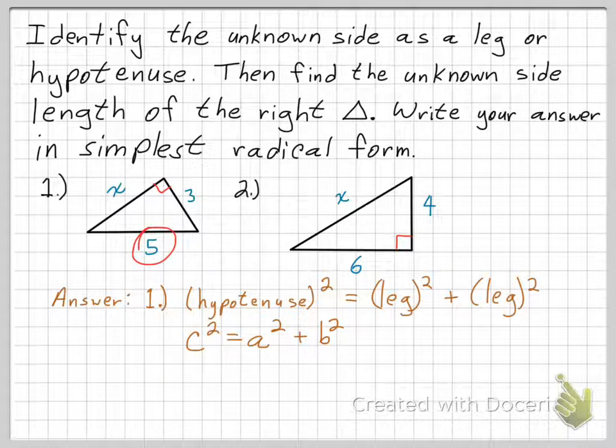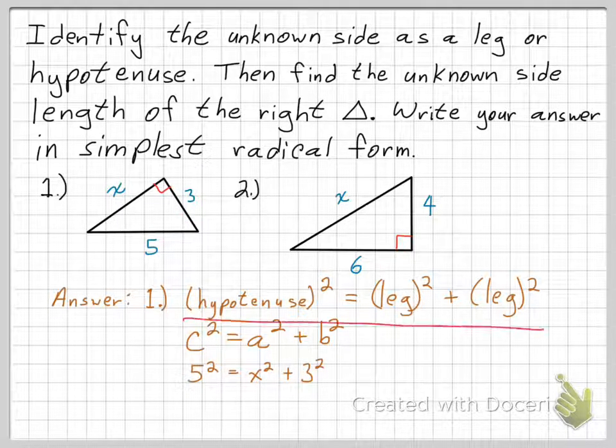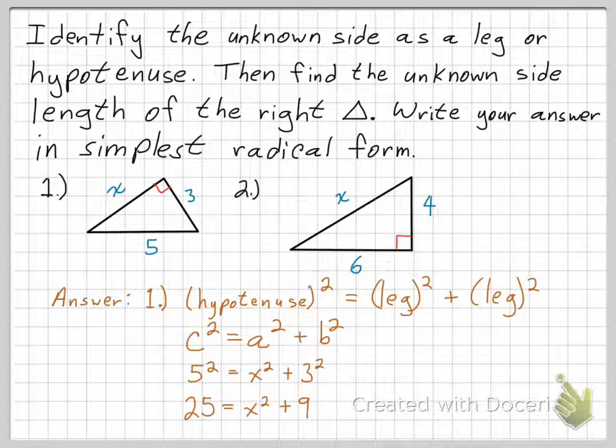So 5 squared equals the length of one leg squared plus the other leg squared, which is what we have there, just plugging in values. Remember, this equation only works for a right triangle, so there has to be a right angle in that triangle in order for you to use the Pythagorean theorem.